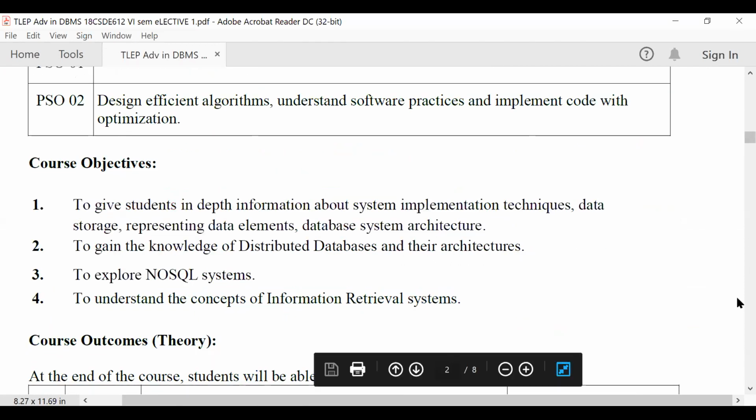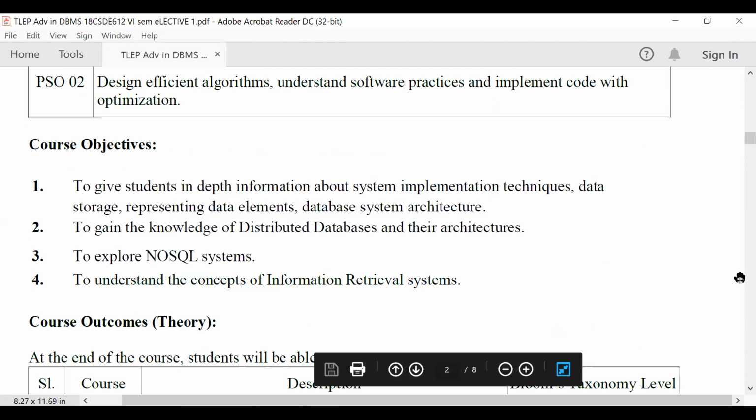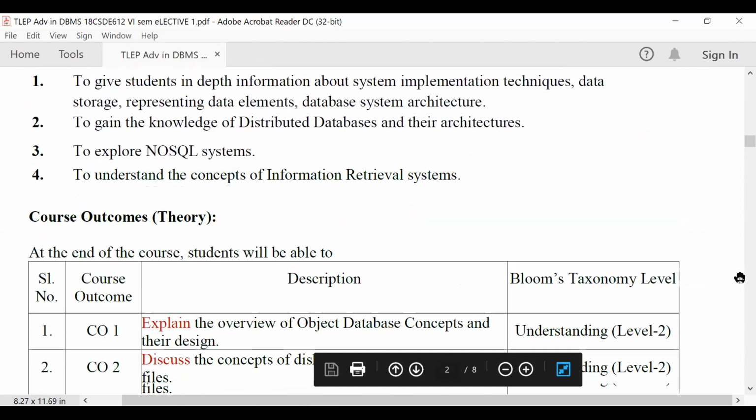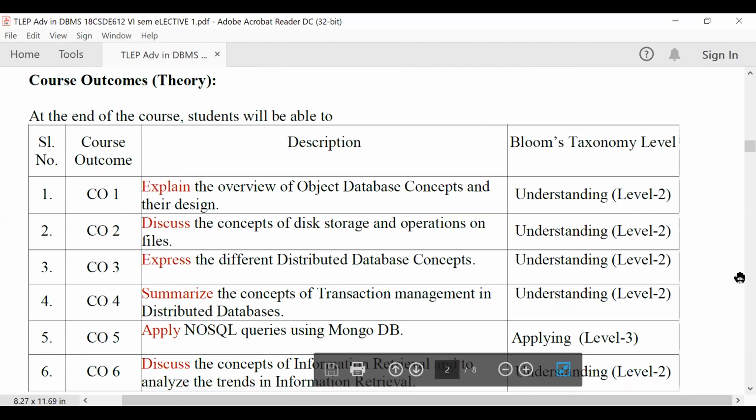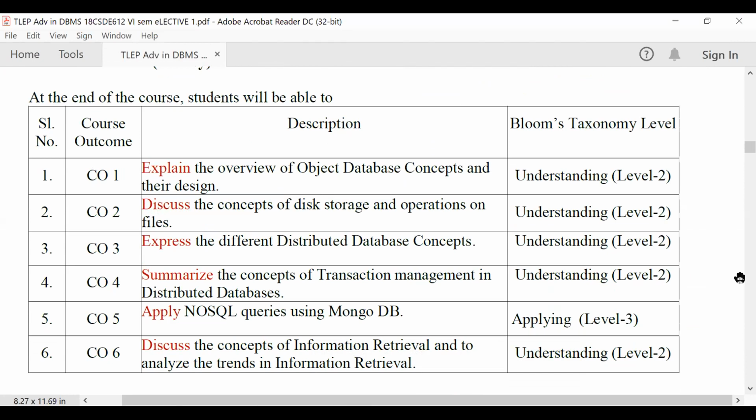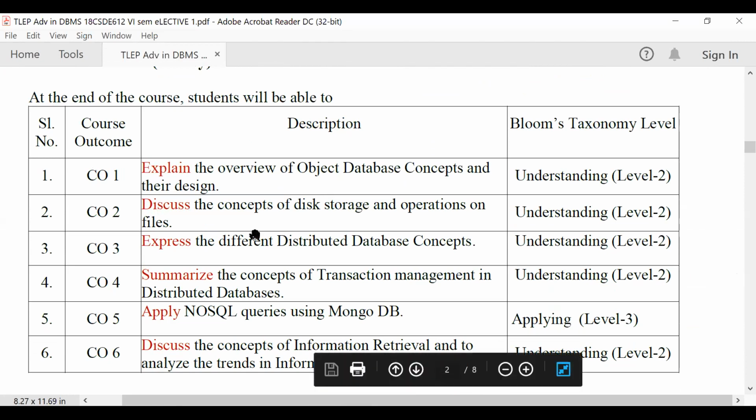Based on the course objectives, we have the course outcomes, which are based on the 5 modules of your syllabus, and the course outcomes are framed based on Bloom's taxonomy level.